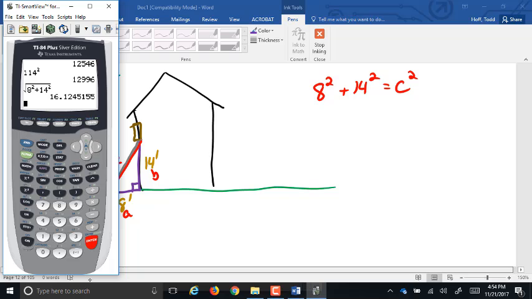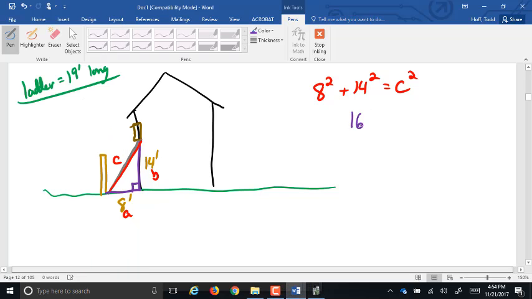I get 16.12. So C is 16.12 feet. Will that 19-foot ladder fit underneath that window? No, it's way too long. Has to be at or below 16.12 feet.